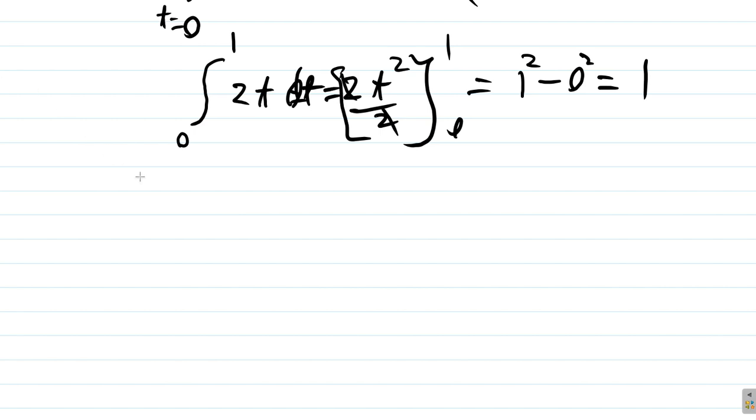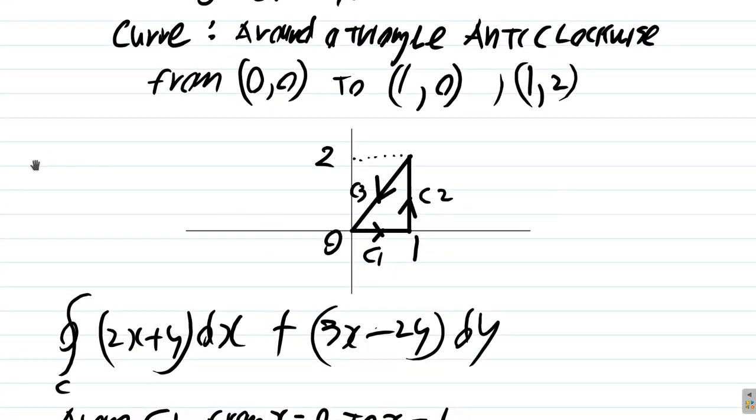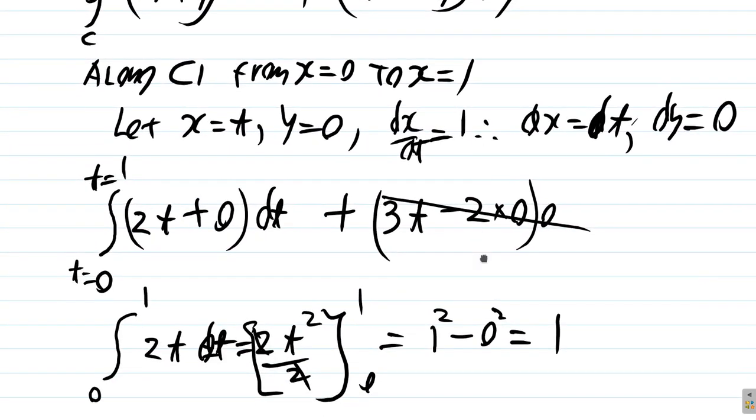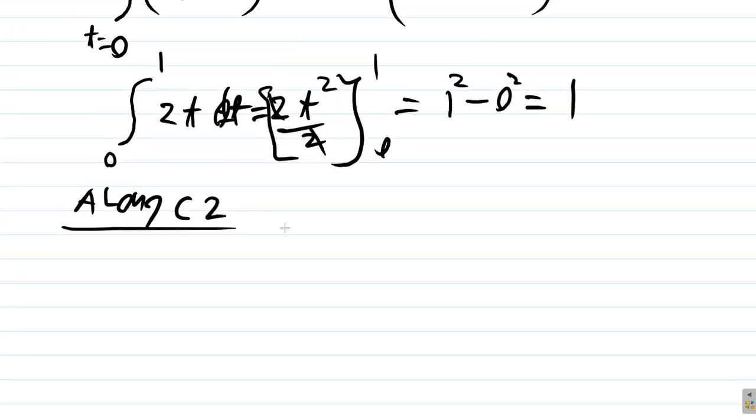Let's see what happened along C2. Now along C2, you go straight up. So here, if you want to use parameters now, what is x equal to, what is y equal to, what is dx, and dy?